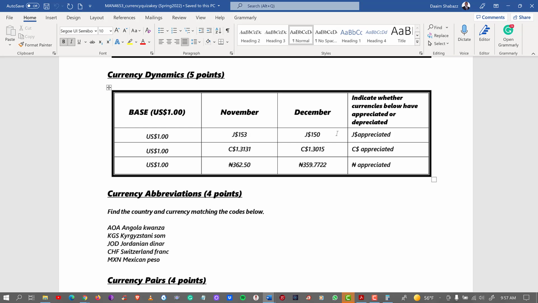And how do we think through this? Well, if you're Jamaican and you want to buy a dollar in November, it costs you 153 Jamaican. That next month, if you wanted to buy a dollar, it costs you only 150. So that is better for you a month later. Thus, the Jamaican dollar appreciated. And it is the same logic for the rest of them.